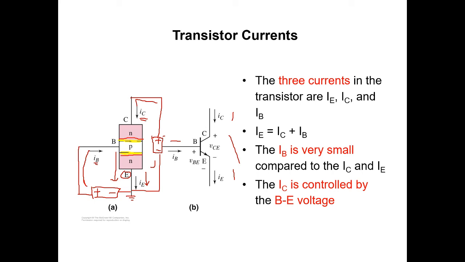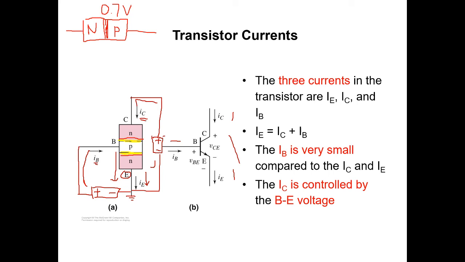If you remember the depletion region for a normal diode, if it is a silicon type, the depletion region is 0.7 volt.